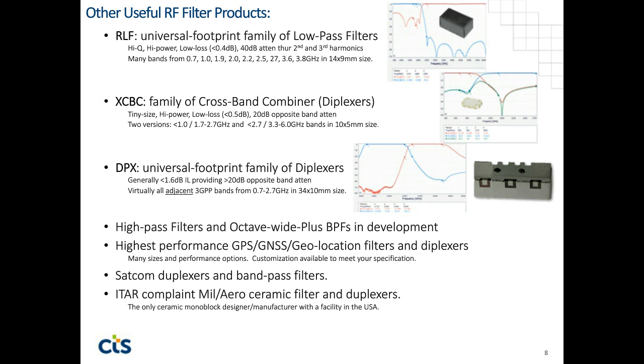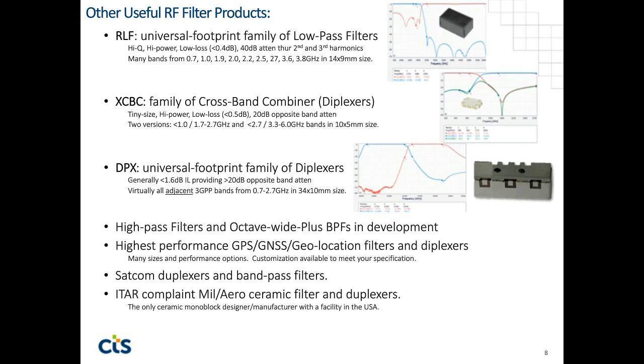In general, the DPX provide between 20 and 30 dB of isolation with generally less than 1.6 dB insertion loss. And these are in a universal footprint for really all of the major FDD and TDD bands that you could imagine, that would be especially for adjacent bands.